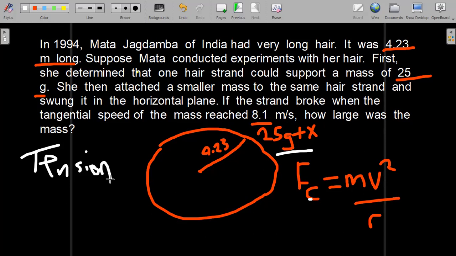Tension is just a force acting along the rope, and since it's a force, it will be equal to the product of the mass and the acceleration. So that's what we have at hand. In this case, we're supposed to equate the two formulas to determine the extra mass that we've not been given.